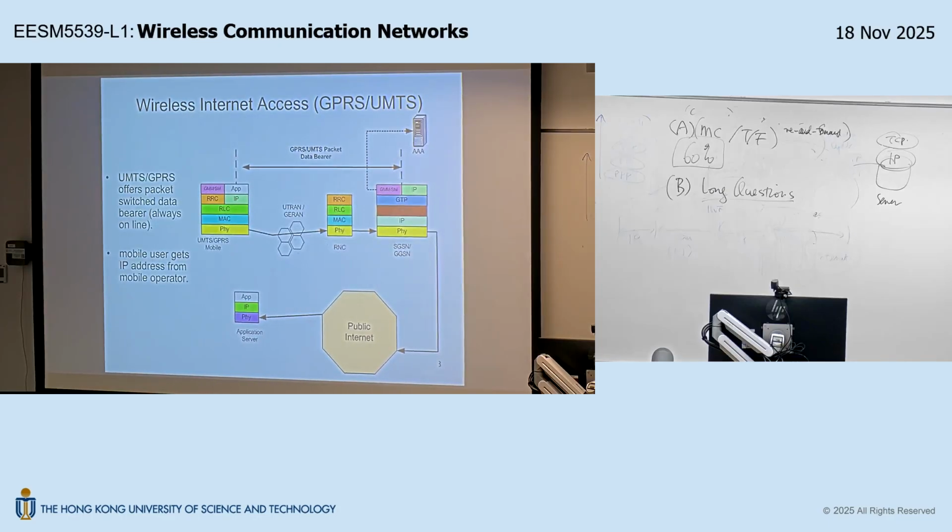But this is the legacy TCP layer that is designed for fixed line internet. This TCP layer will always think if I lose a TCP packet, it must be due to congestion, right? But in this case, it could happen that the internet has no congestion, but you still keep on losing the TCP packet because of the transmission error over the radio interface.